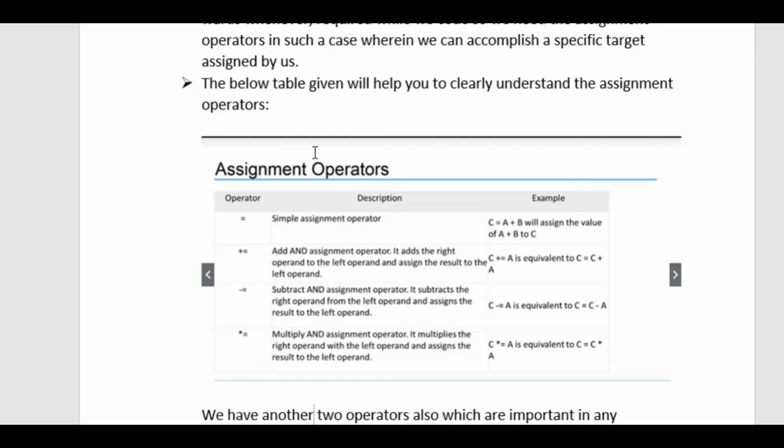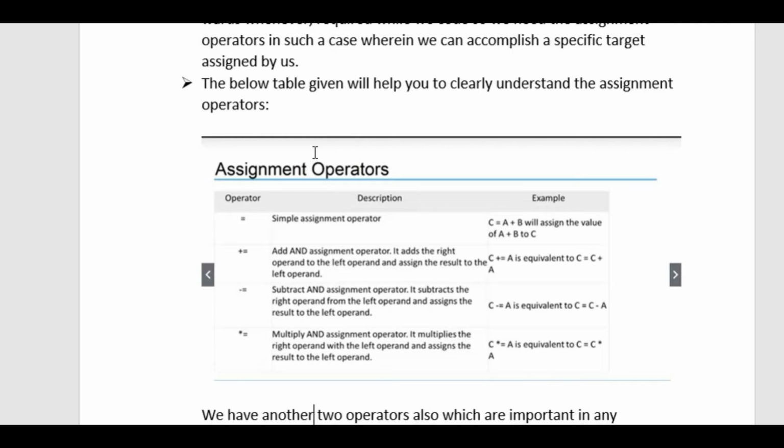Next one is plus equals to, which is described as the add and assignment operator. It adds the right operand to the left operand, I mean A to C, and gives the result to the left operand C, which we have placed on the left side. So C plus equals to A is equivalent to C equals to C plus A. The both are one and the same, but we need to understand the logic and represent it.